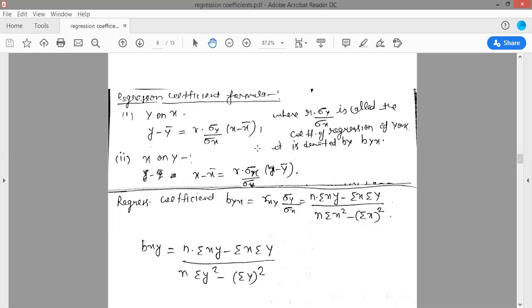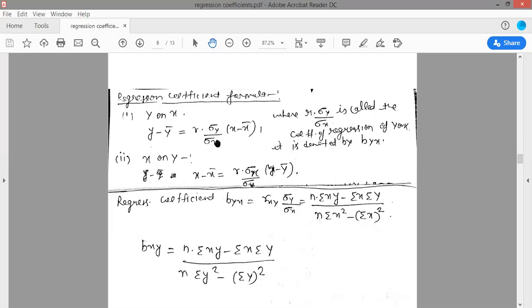This is your regression coefficient, and the regression line of y on x formula is y minus y bar is equal to r into sigma y upon sigma x, x minus x bar, where sigma x and sigma y are the standard deviations. Standard deviation, you know guys, right? Sigma x is the standard deviation for the x series, sigma y is the standard deviation for the y series.